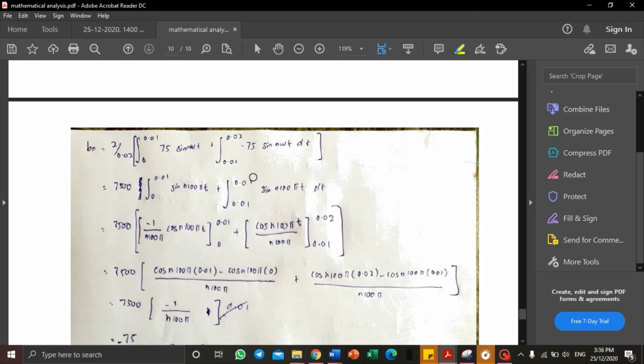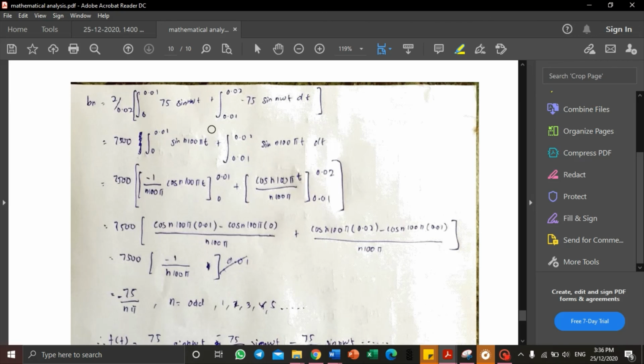So the first step, we factor out the 75 from both integrations, and then we integrate the sine on the left side and right side, and we get negative 1 over n 100 pi cos n 100 pi t from 0 to 0.01 plus cos n 100 pi t divided by n 100 pi from 0.01 to 0.02.